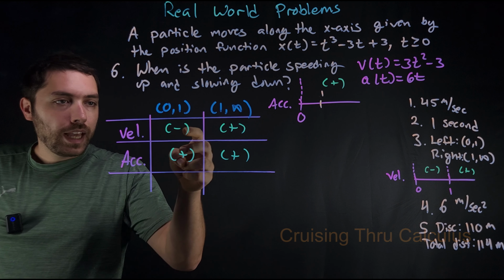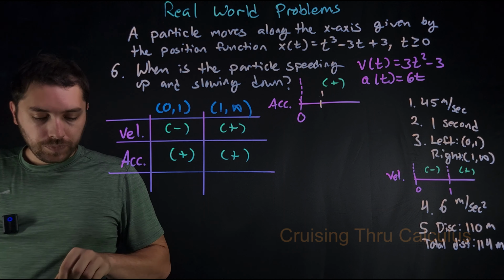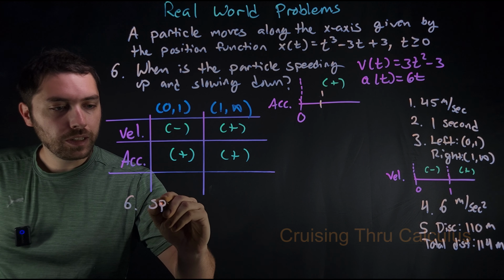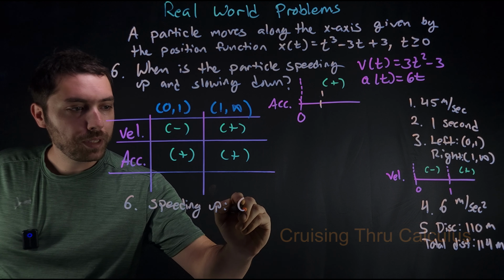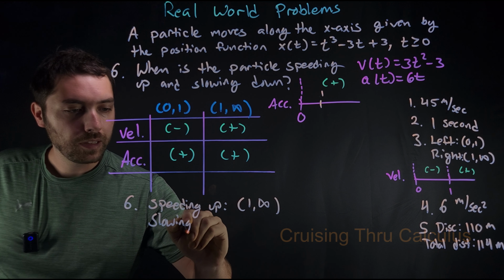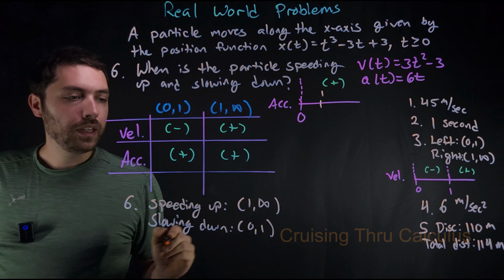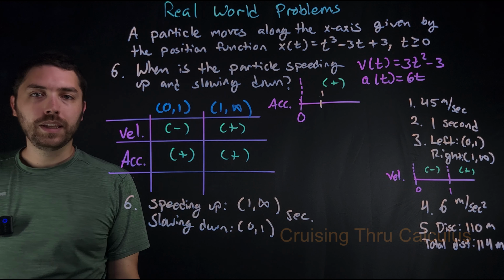On the other hand, they have opposite signs here on this interval, so that must mean it's slowing down. So the answer to our final question here is, let's start with speeding up. It's speeding up on the interval from 1 to infinity, and then it's slowing down from 0 to 1. And these are all in seconds, by the way. And there we have it.